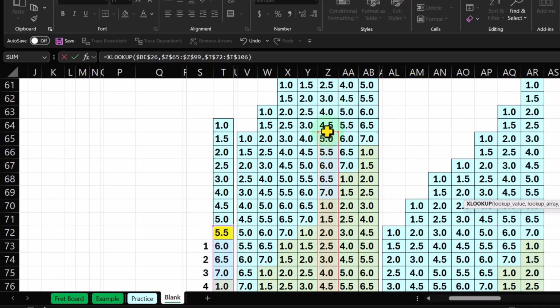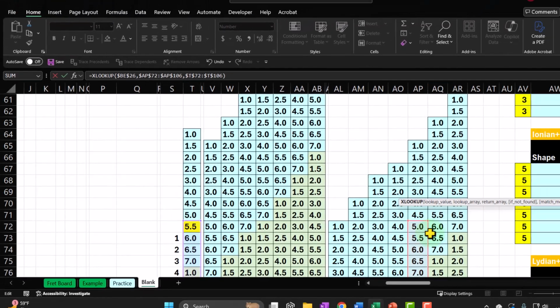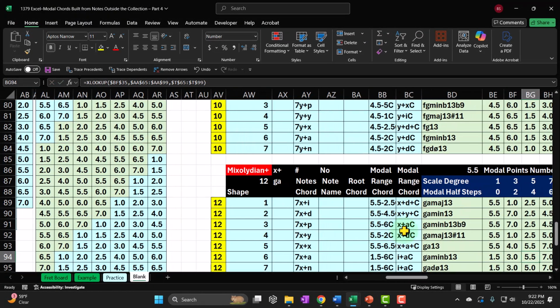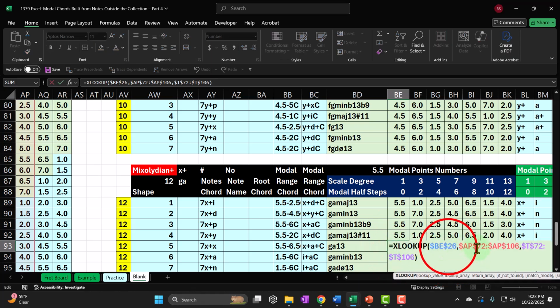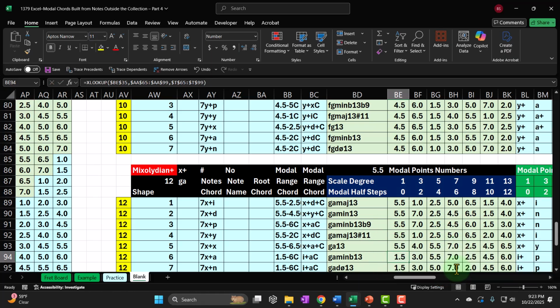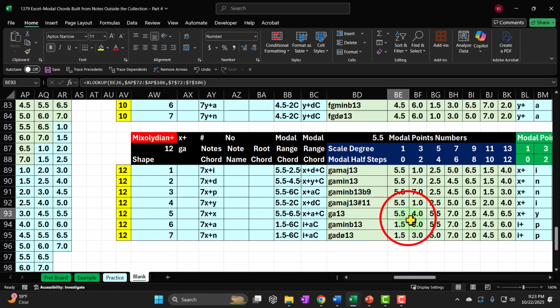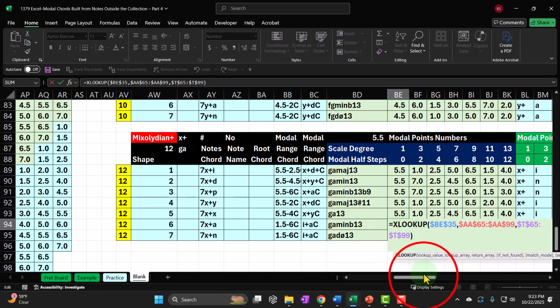Mixolydian. All right. F4s. Copy that across. And this one, double click.